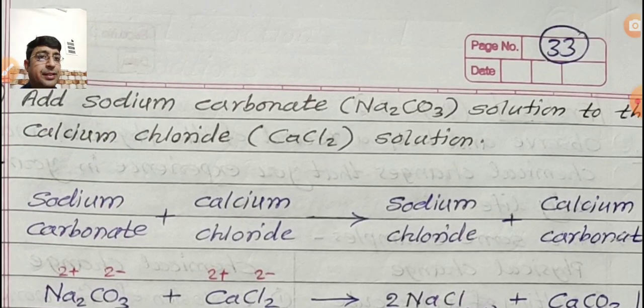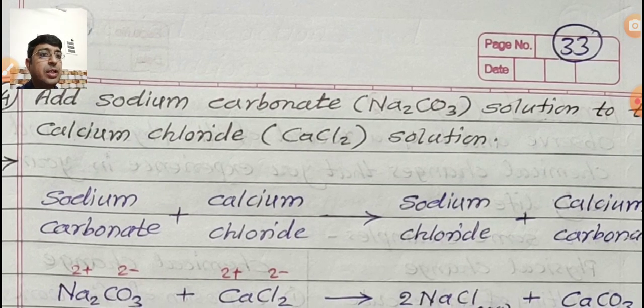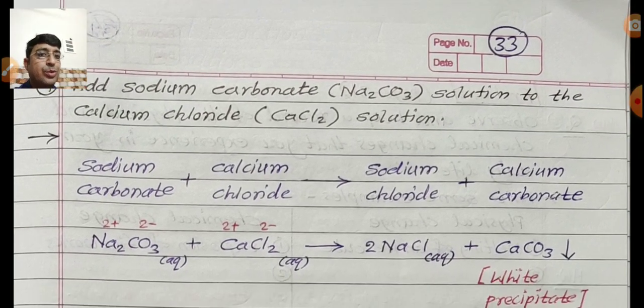Fourth activity: add sodium carbonate, Na2CO3 solution, to calcium chloride, CaCl2 solution. Sodium carbonate Na2CO3: sodium and carbonate show the valencies, plus and minus. In calcium chloride, calcium valency is 2, chlorine valency is 1, but there are 2 atoms, that's why total 2 minus charge.